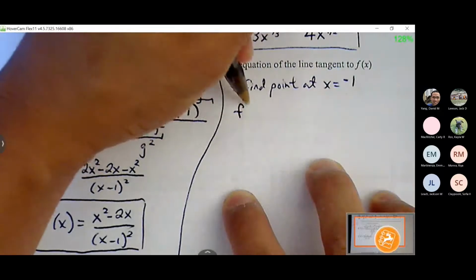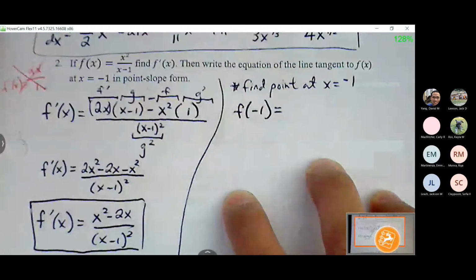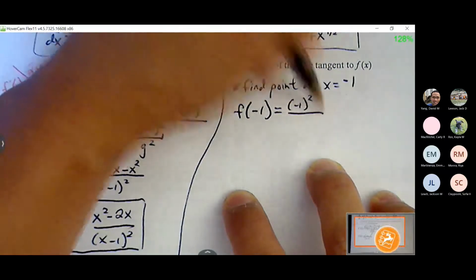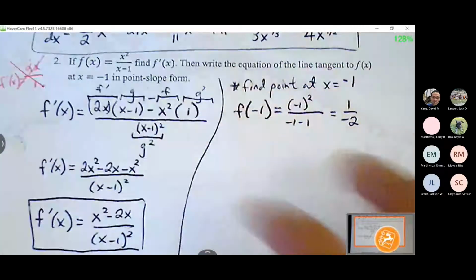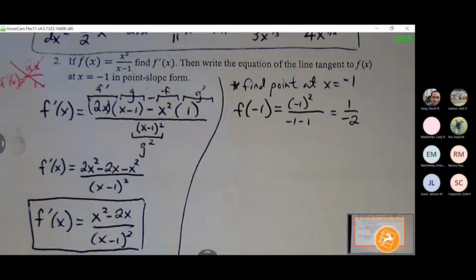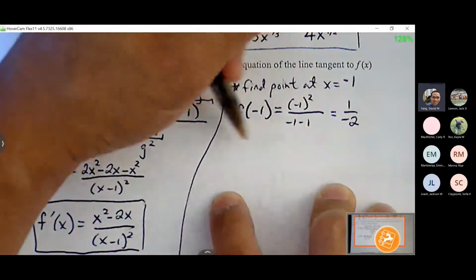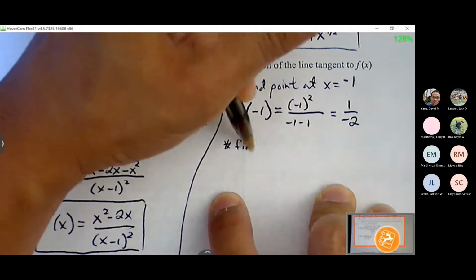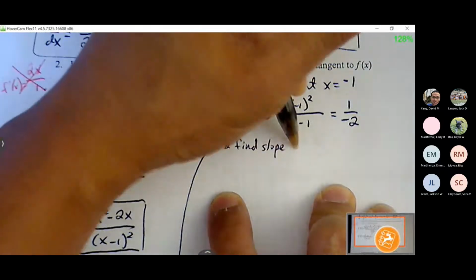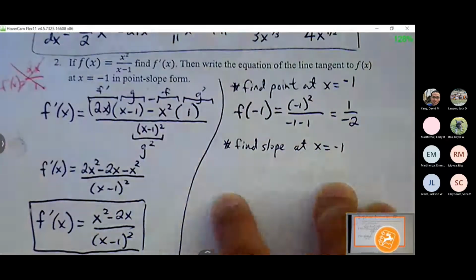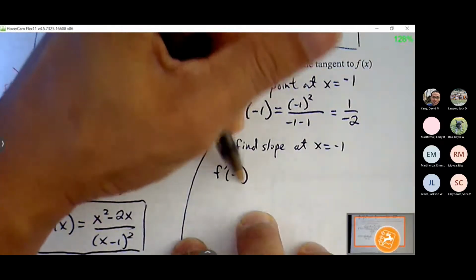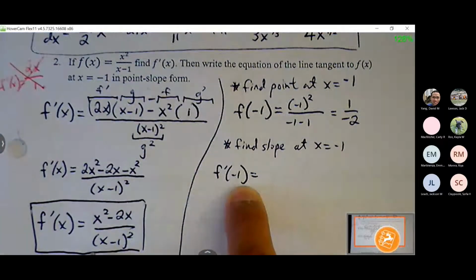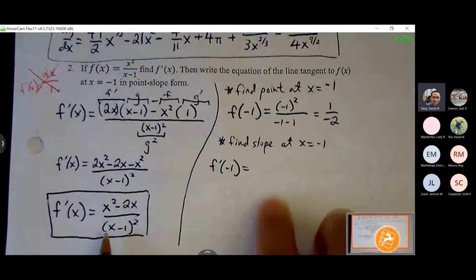Okay, so f of -1 is -1/2. To find the slope comes from the derivative. It's inserted into the derivative function.